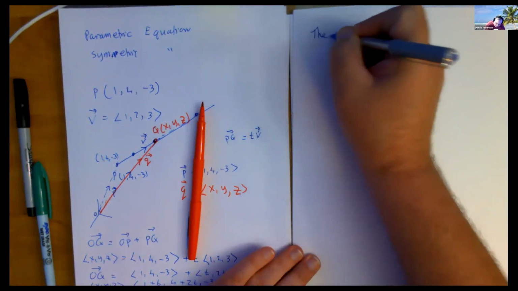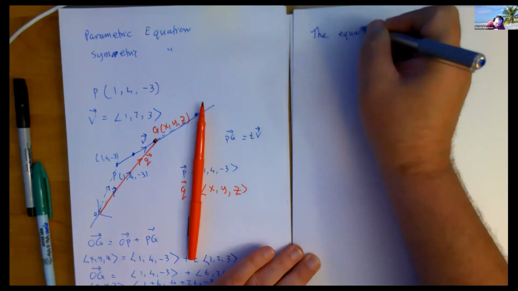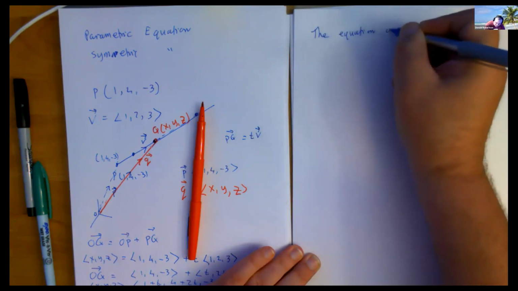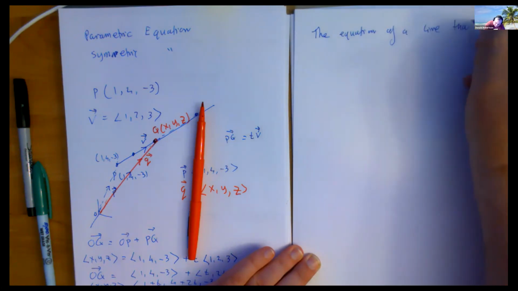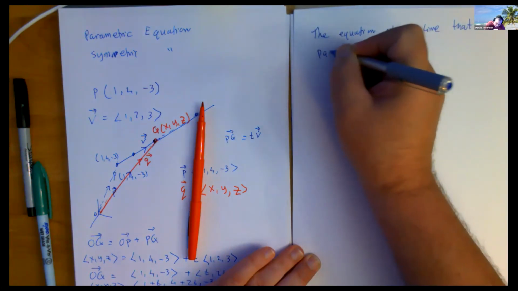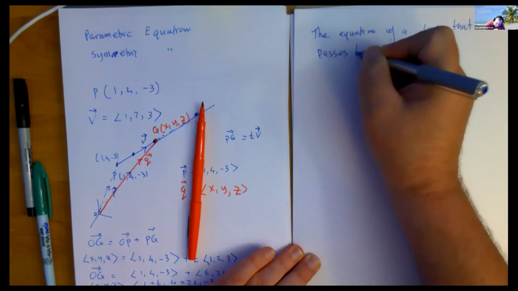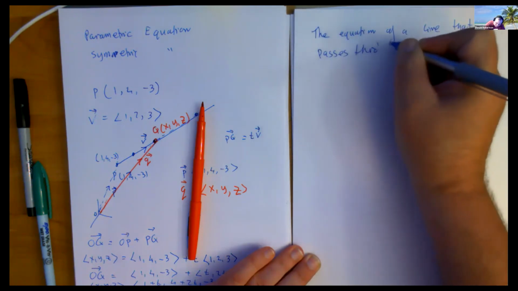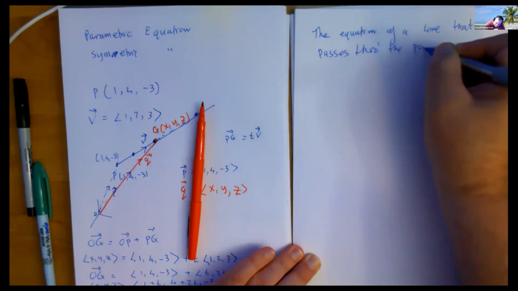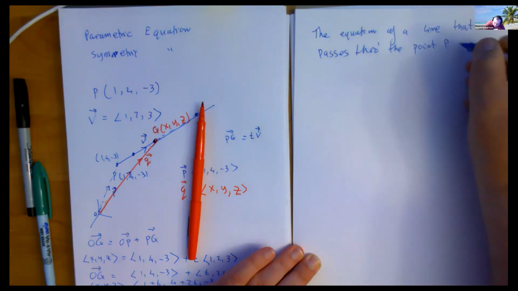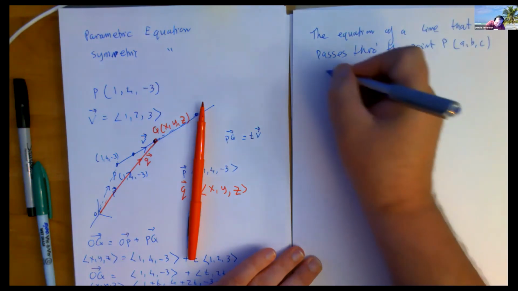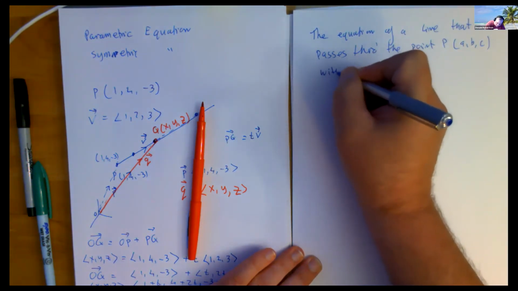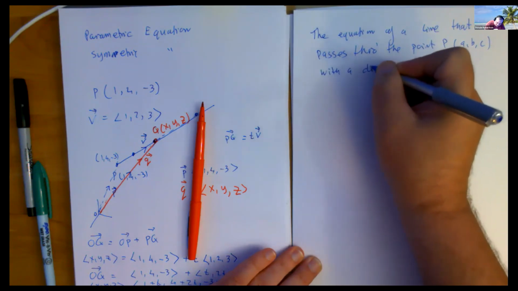So here we go. The equation of a line that passes through the point P, we'll call the point P ABC, with a direction vector.